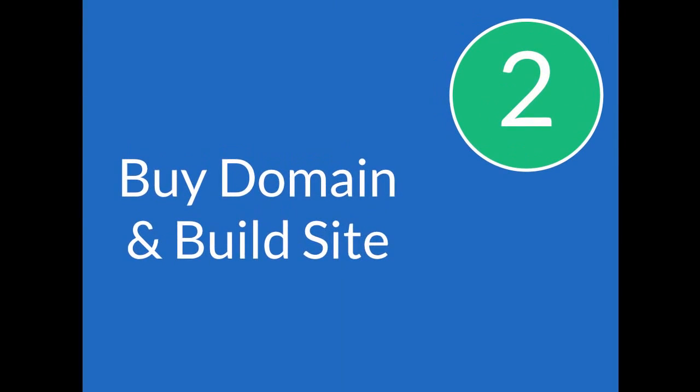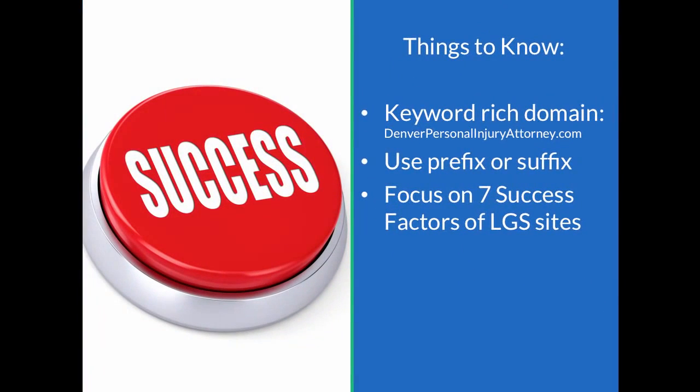Now, step number 2 is to buy your domain and build a site. What you need to know is you want to have a keyword-rich domain, and this example is denverpersonalinjuryattorney.com. What you don't want to do is put these lead gen sites on subdomains or in subfolders.